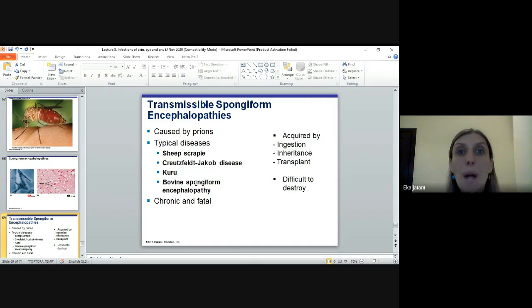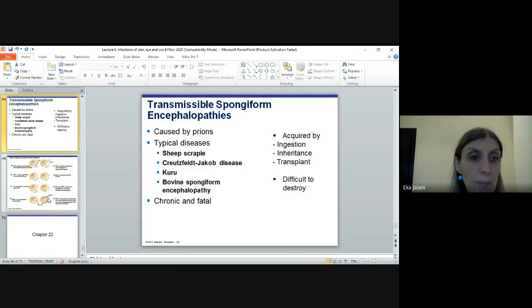We have these prion proteins on the plasma membrane of our neurons. They have their own function involved in signal transduction within the cell, and may have other functions, but it's not well known. This is the normal prion protein.